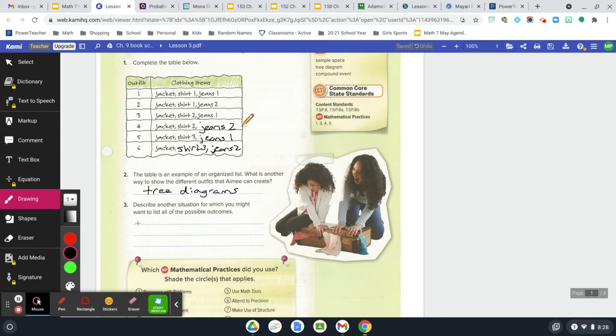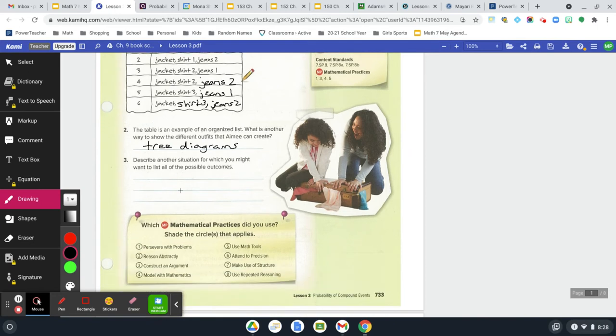So number 3 says, describe another situation for which you might want to list all possible outcomes. Okay, so I love my ice cream. So let's talk about an ice cream shop. Let's say you go to Frosty Oasis, and you're trying to decide if you want a cup or a cone. Do I want a cup or do I want a cone?